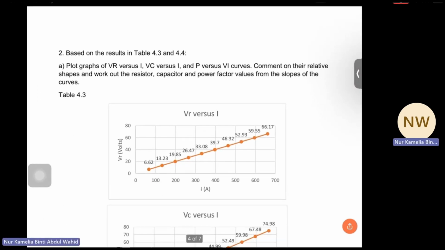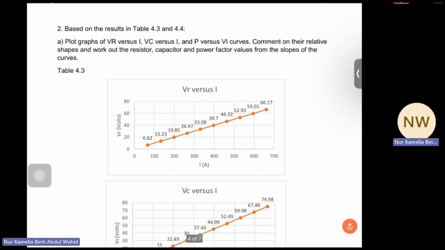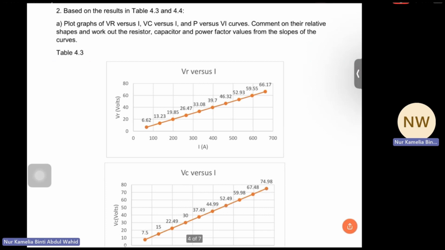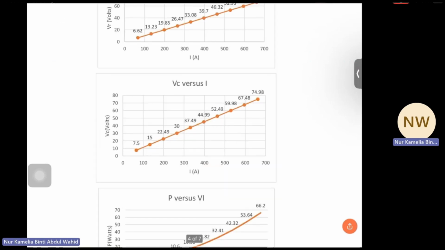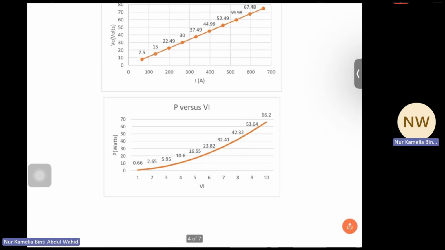Next, for question 2, based on the result in table 4.3 and 4.4, we need to plot a graph of VR versus I, VC versus I, and P versus VI curve. As we know, for table 4.2 and 4.3, we use capacitor. So the graph for VR versus I and VC versus I is linear. Meanwhile, for P versus VI, the graph is a curve.